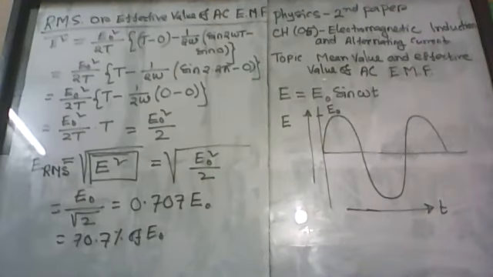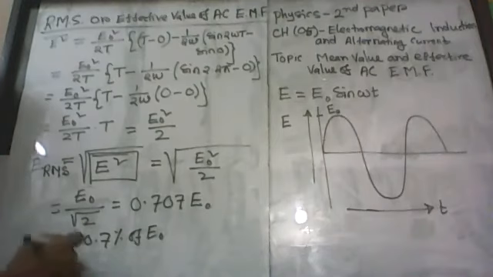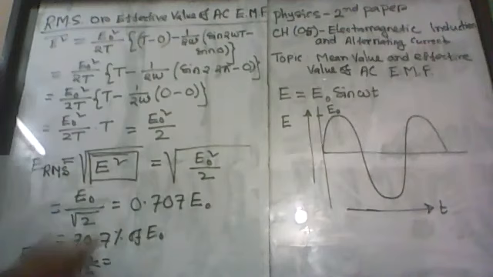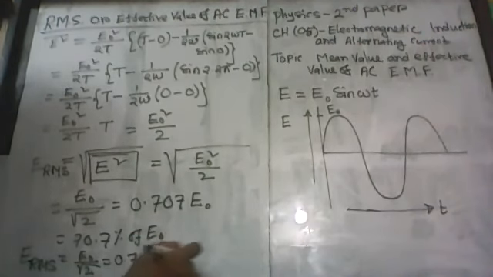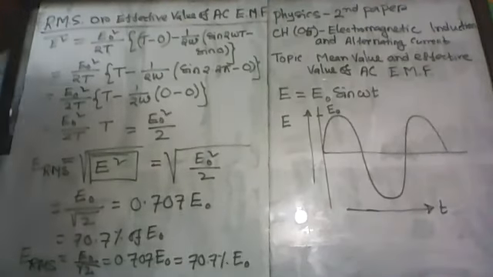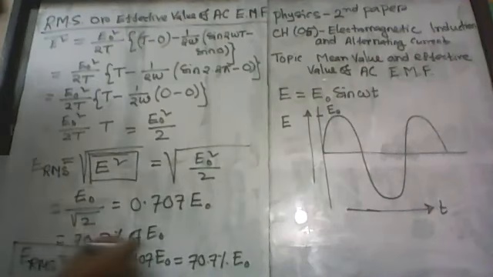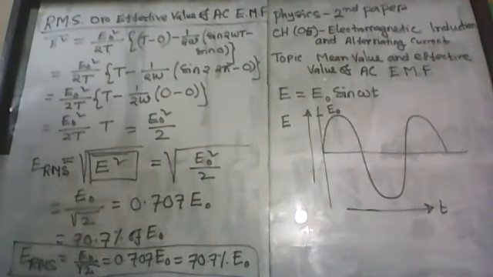So the effective value or RMS value of AC electromotive force, the formula is E RMS will equal E naught by root over 2, then 0.707 E naught, then 70.7% of E naught. So these are the values of AC electromotive force and its effective value.